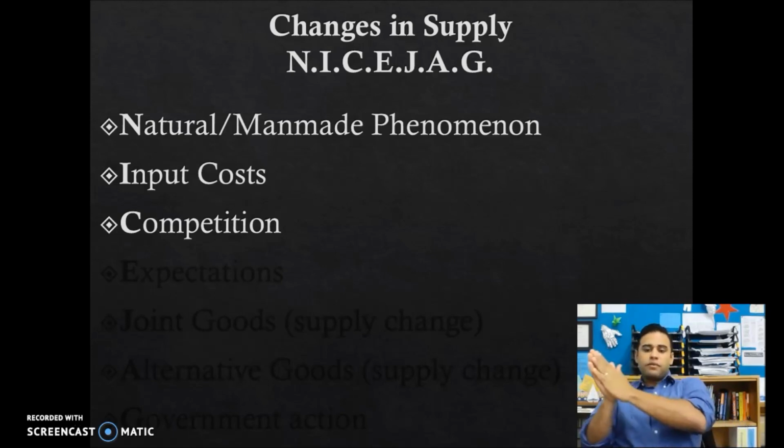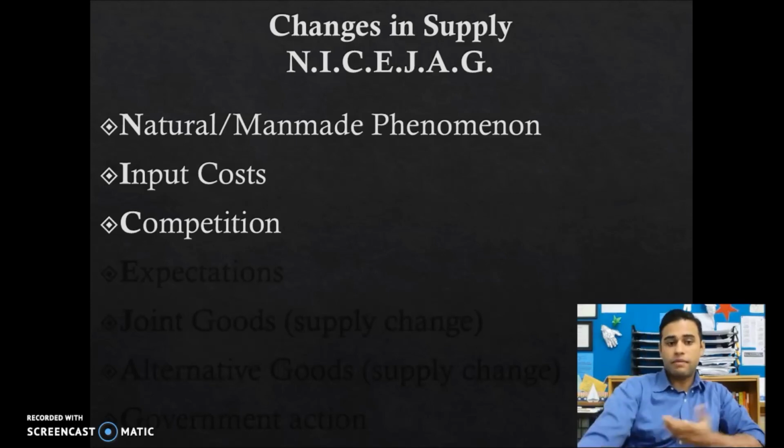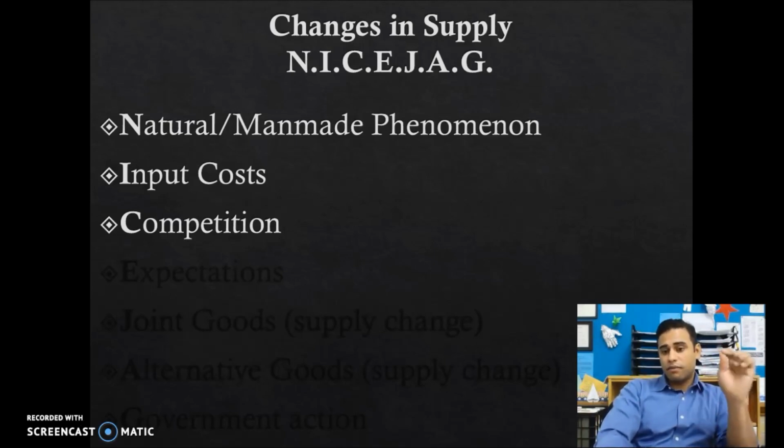I would shift production to the right if I'm willing to accept lower profits. Or maybe my competition goes out of business and I decide, well, now I'm in a position to demand higher profits. And then I would decrease supply, meaning at any given price level, I'm supplying a smaller quantity supplied.